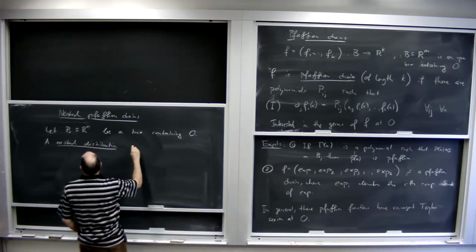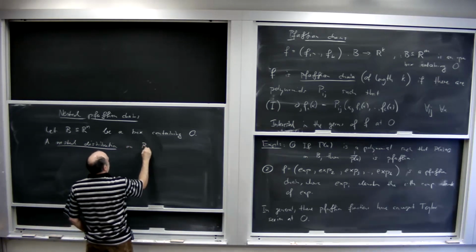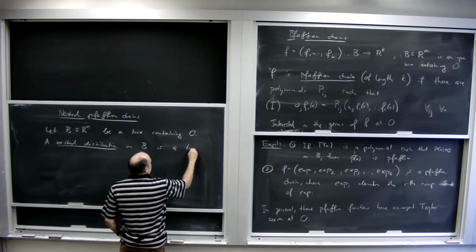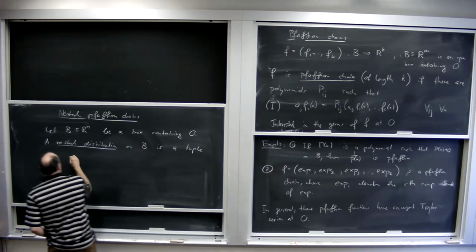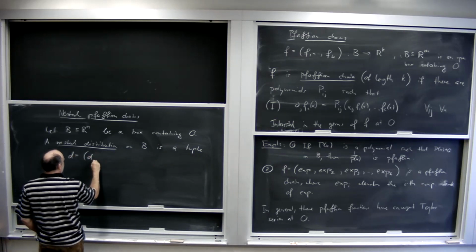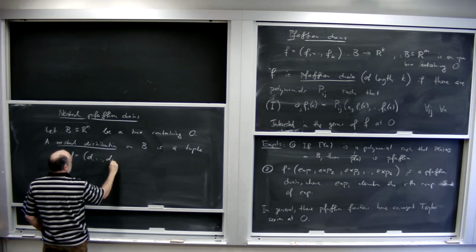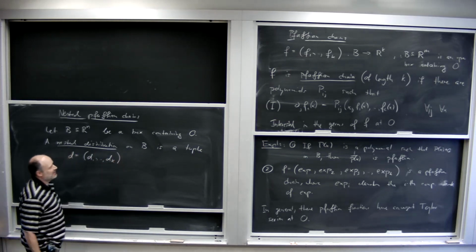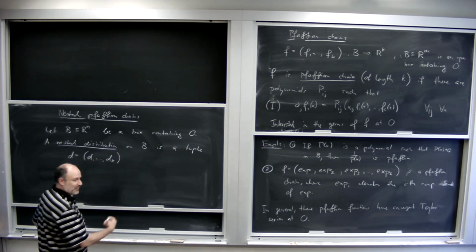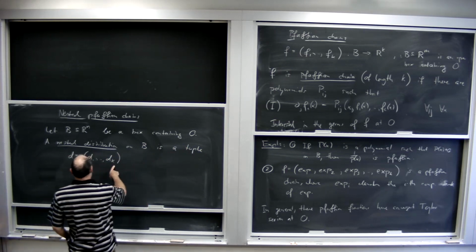A nested distribution on B is a tuple D, there's going to be a D1 up to Dk. So the k still has kind of the same meaning as over there, the length or depth of the nestedness.